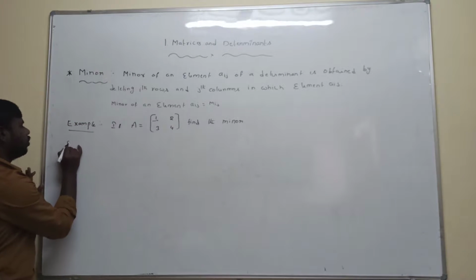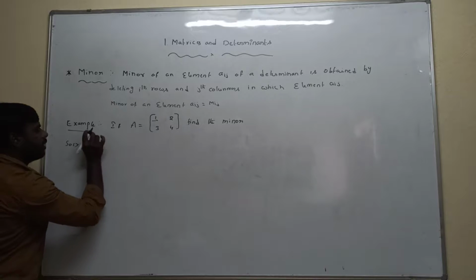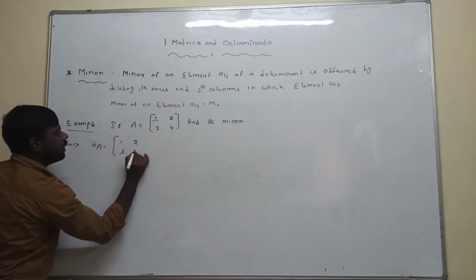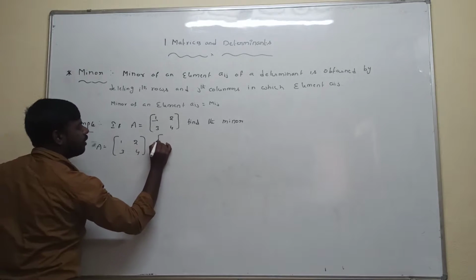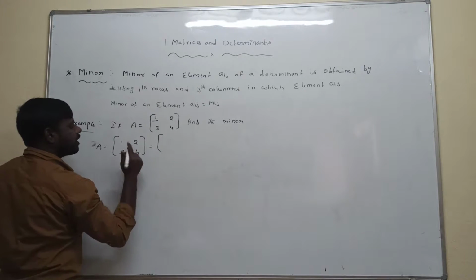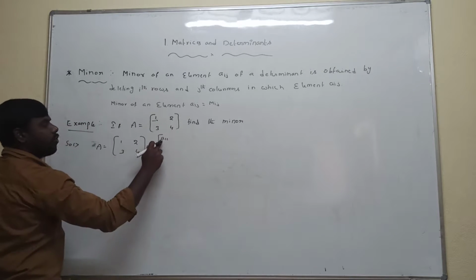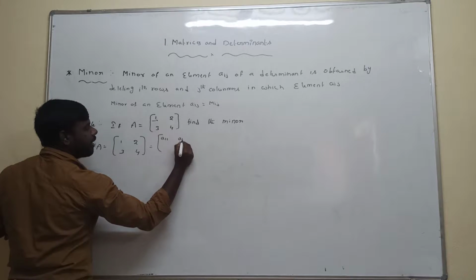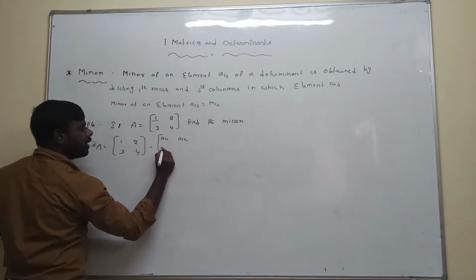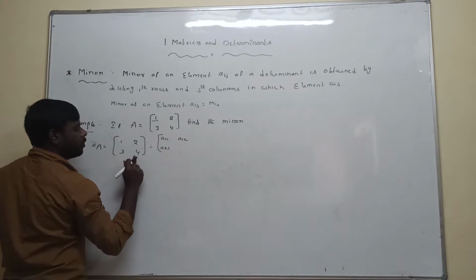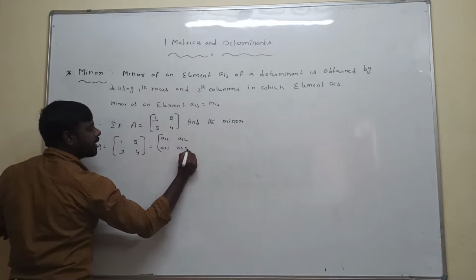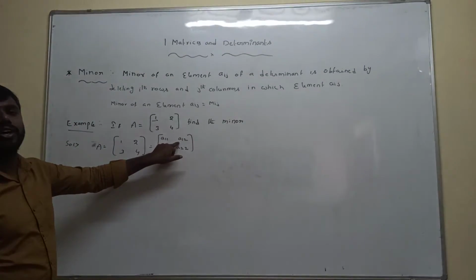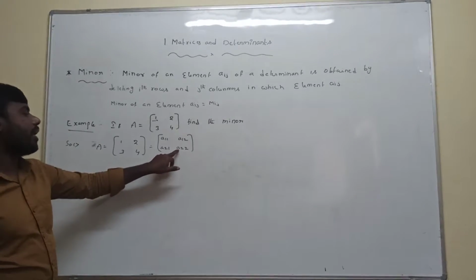Given A is equal to 1, 2, 3, 4, the 1 is present in the first row, first column, so it is written as A11. Here A11 is 1. Here 2 is present in the first row, second column. Next, 3 is present in the second row, first column. 4 is present in the second row, second column. Now we need to calculate the minor of A11, minor of A12, minor of A21, minor of A22.